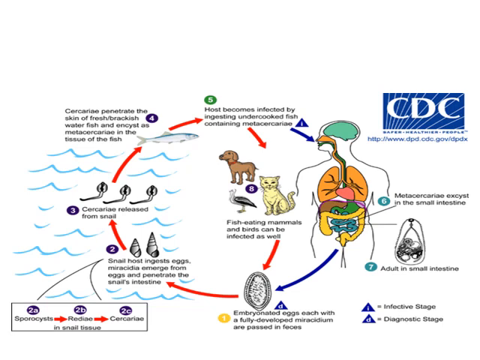Now the metacercaria forms in the tissue of the fish, the second intermediate host, and the human and the animal come again to ingest such undercooked fish containing metacercariae to be infected. So the life cycle will be continued in this way.